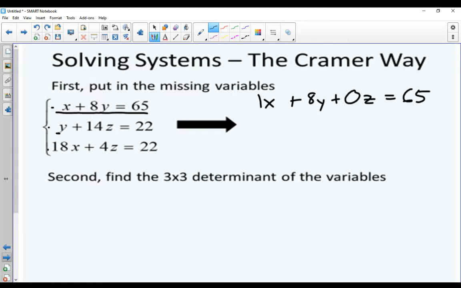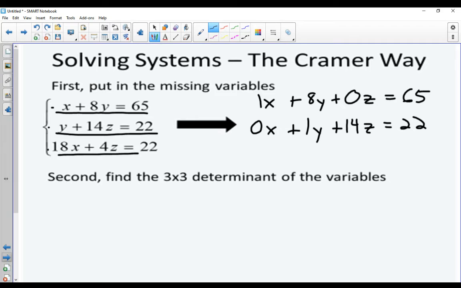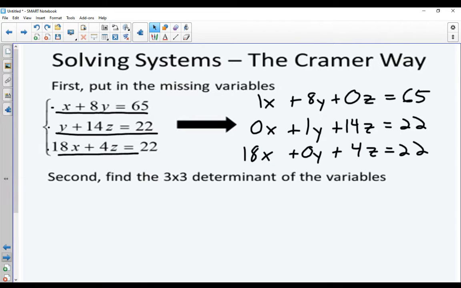Now the second equation is missing an x, so I'm going to squeeze in 0x, then plus 1y plus 14z equals 22. The last one is missing a y, so 18x plus 0y plus 4z equals 22. There you go.